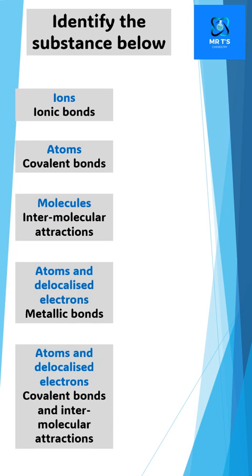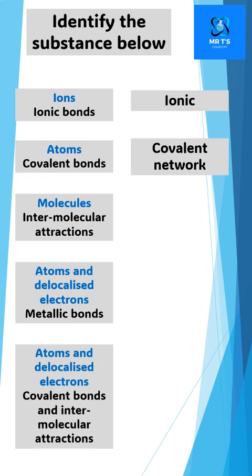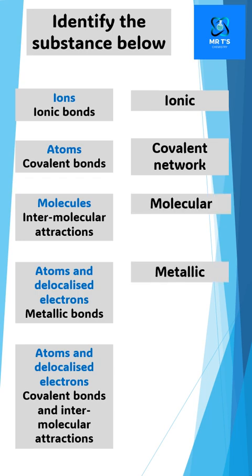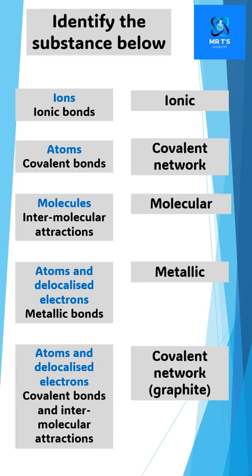Okay, so the first one is ionic. The second one is covalent network. The third one, molecular. The fourth one, metallic. And the fifth one, interestingly, delocalized electrons. Doesn't sound like it would be covalent, but it is. It's graphite, an example that has delocalized electrons.